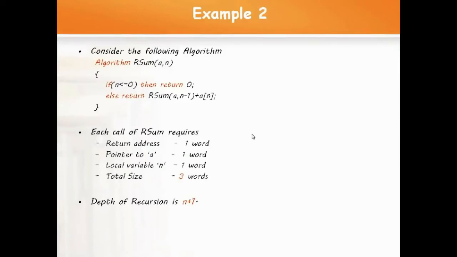That is, the depth of recursion is n plus 1. Now, the total space required is n plus 1 recursions, each having 3 words, a total of 3 into n plus 1. Hence, I can say that the recursive sum for calculating the sum of n elements in an array will take 3 into n plus 1 words.